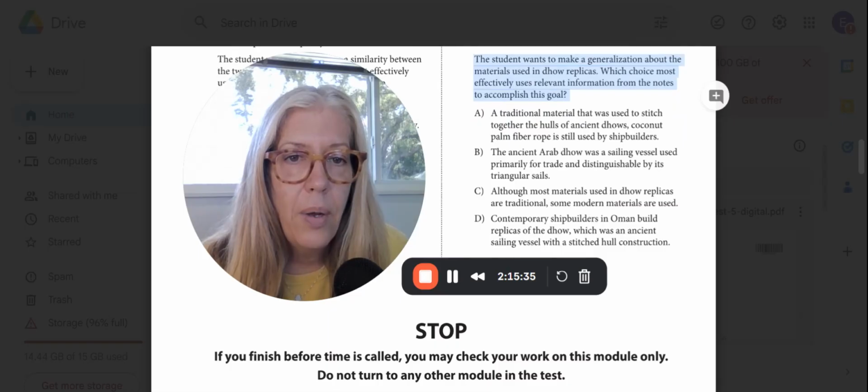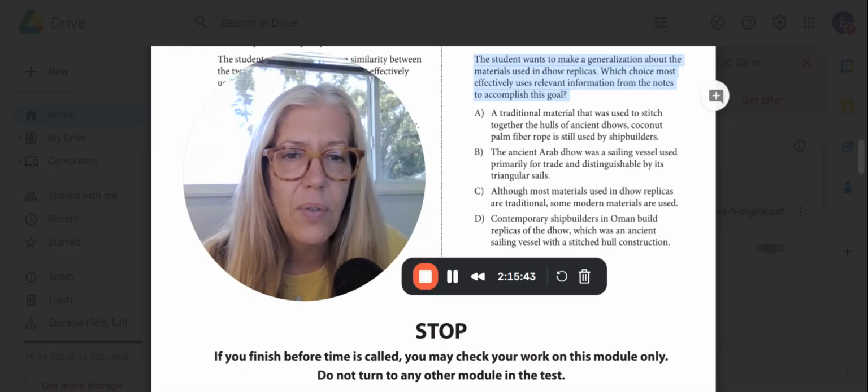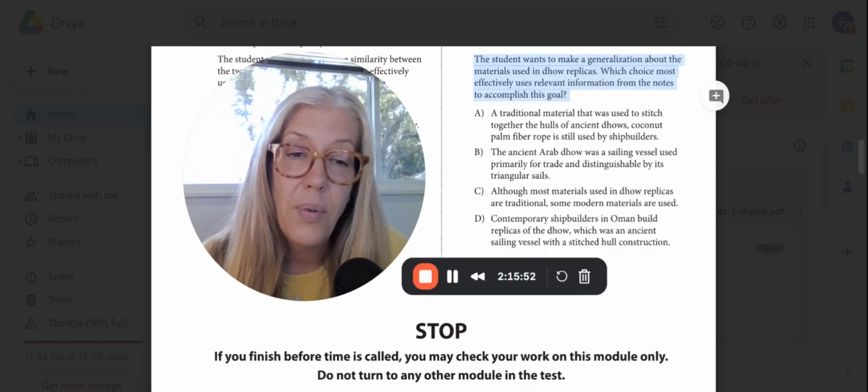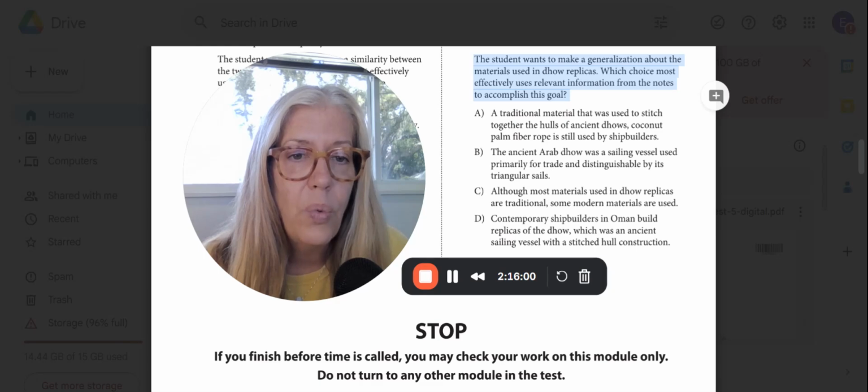The ancient Arab dhow was a sailing vessel used primarily for trade and distinguishable by its triangular sails. That wasn't anything about materials. That's about what it was. So no B. C. Although most materials used in dhow replicas are traditional, some modern materials are used. That was about materials and it's pretty general, so I like C. D. Contemporary shipbuilders in Oman built replicas of the dhow, which was an ancient sailing vessel with a stitched hull construction.